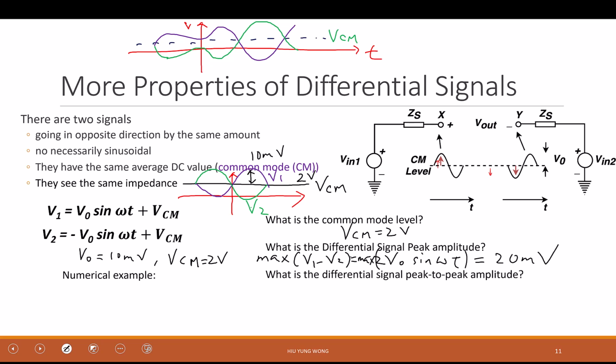How about the peak to peak of this signal? 40. Peak to peak is just double, 2 times 20 millivolts equals 40. So you see that everything got doubled compared to the original signal. But the beauty is that you cancel the VCM. That is very important.